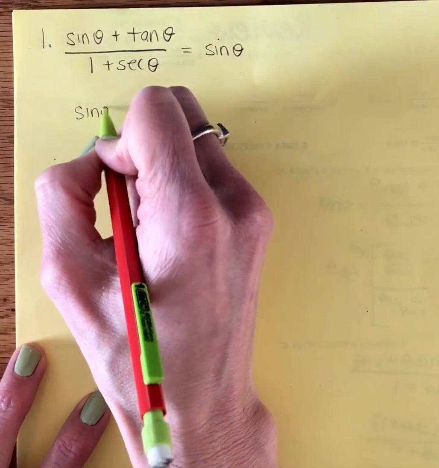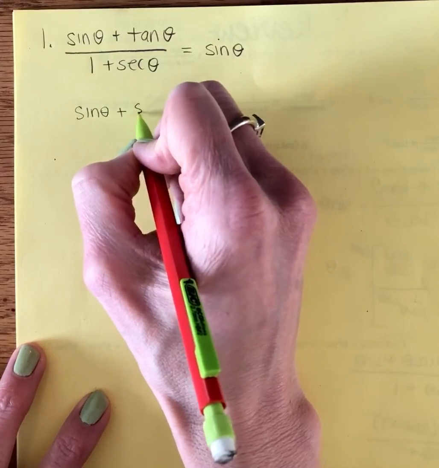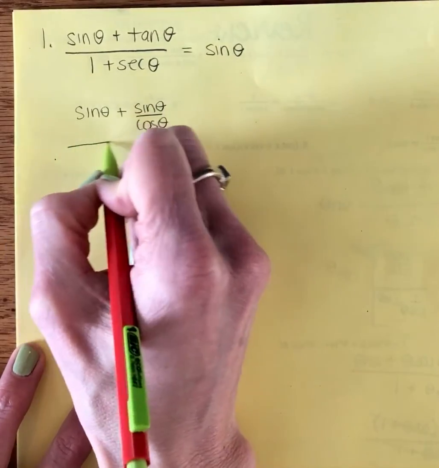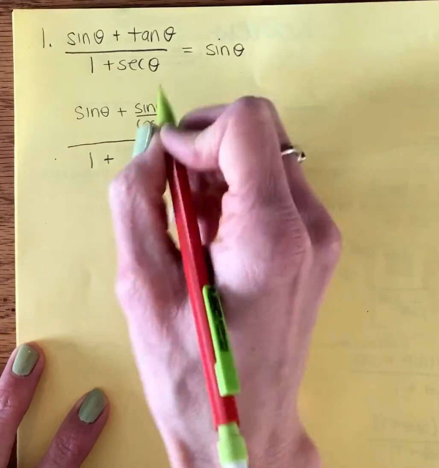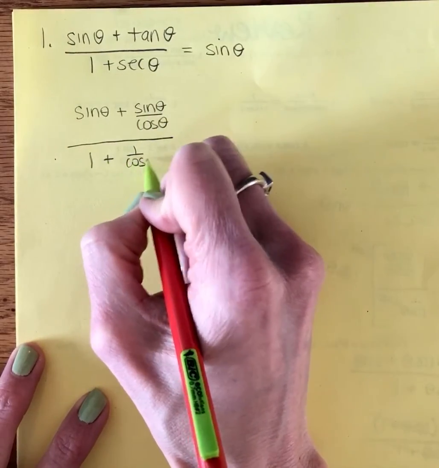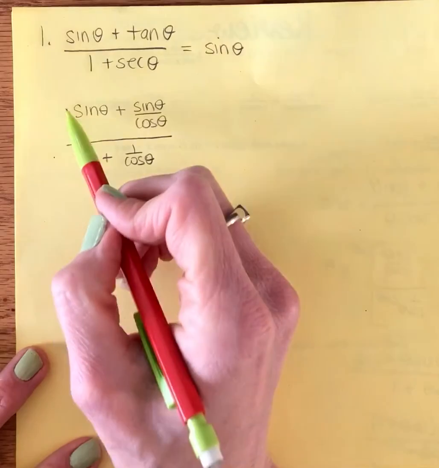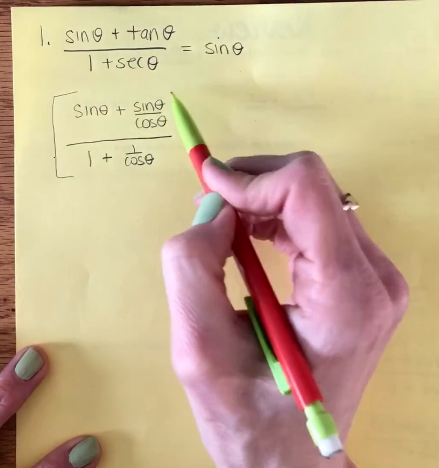So I have sine theta plus tangent is sine over cosine over 1 plus secant, which is 1 over cosine. Okay, a method that we have used multiple times this year is if you have a complex fraction like I do here, you can multiply every term by an LCD.